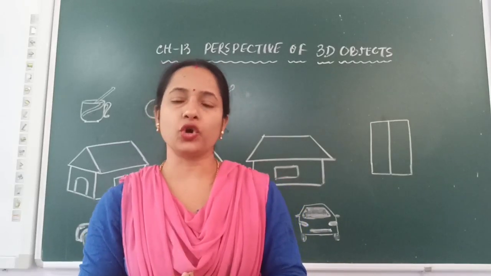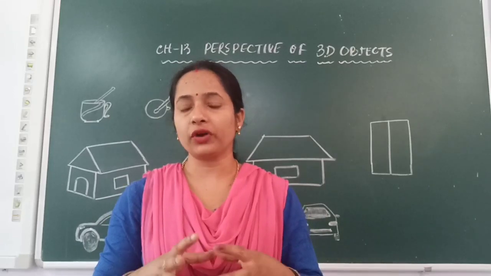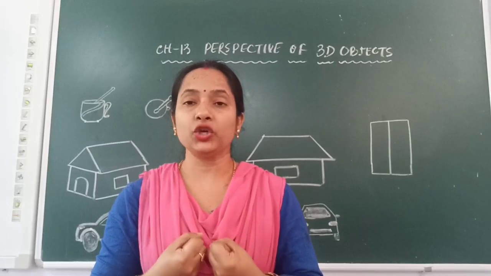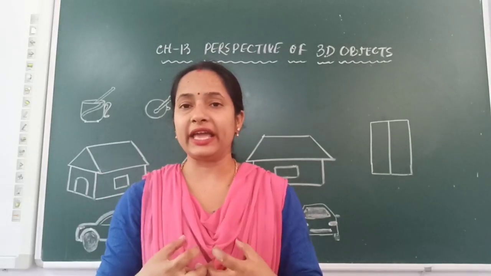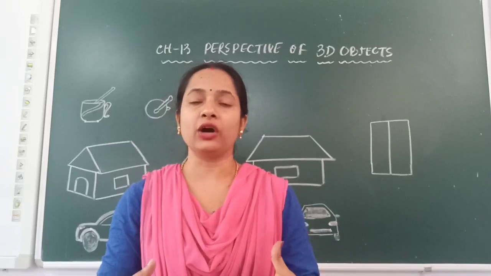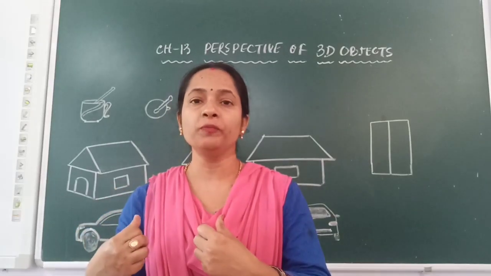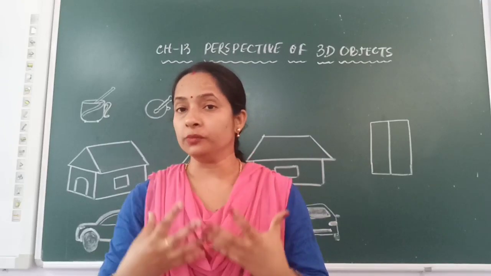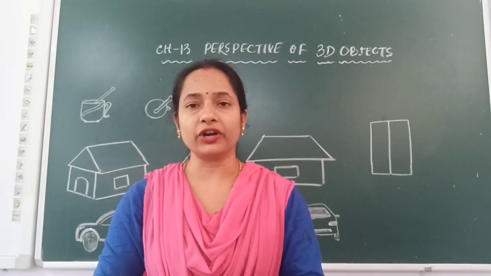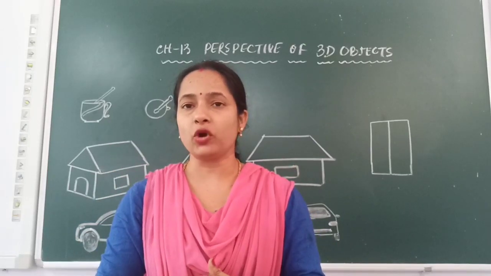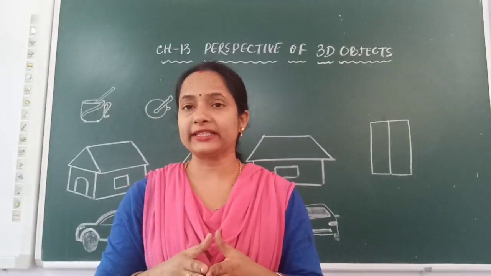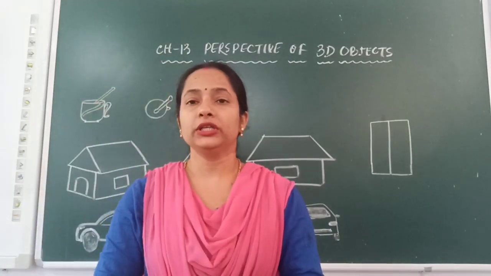Here I have drawn a few figures for you to draw your attention, make you recall and try to relate how you come to know and see the things around you from different points of view: how an object will look when you look at it exactly by standing in front of it, when you look at the same object by standing beside it, or when you look at the same object from the top.